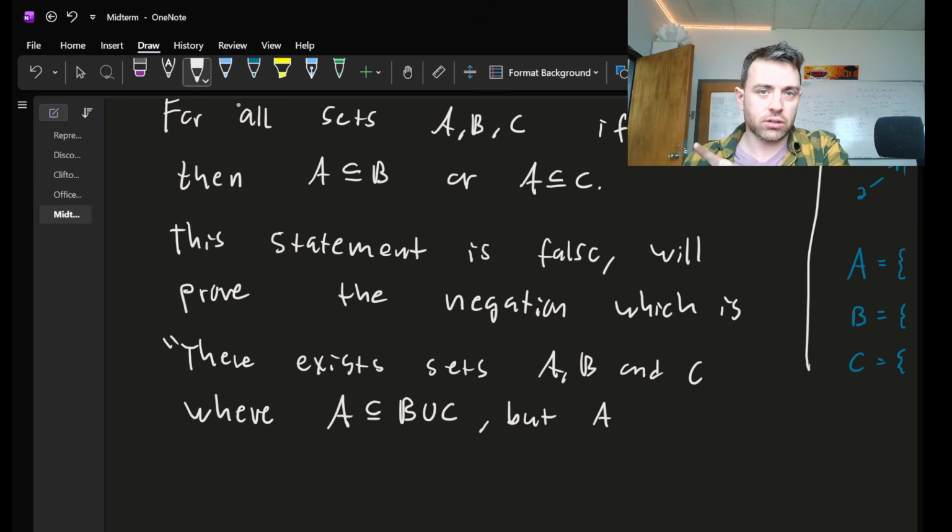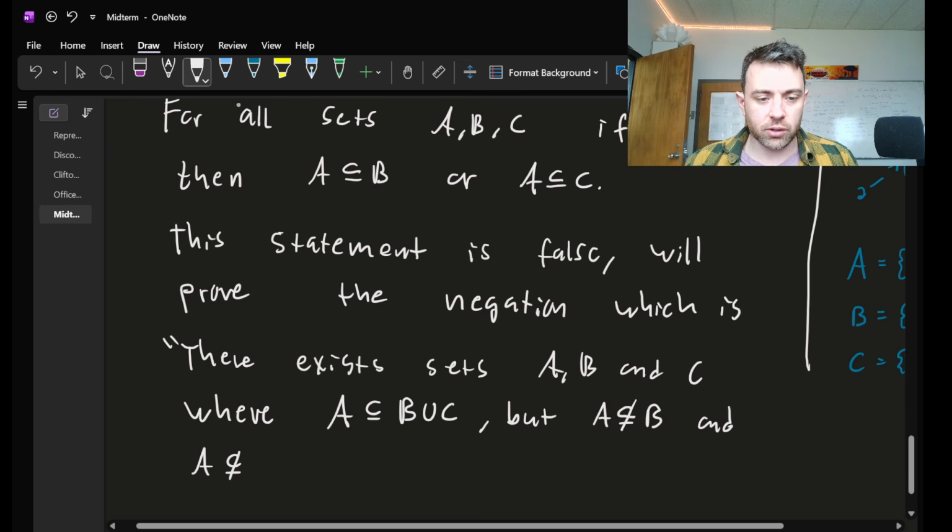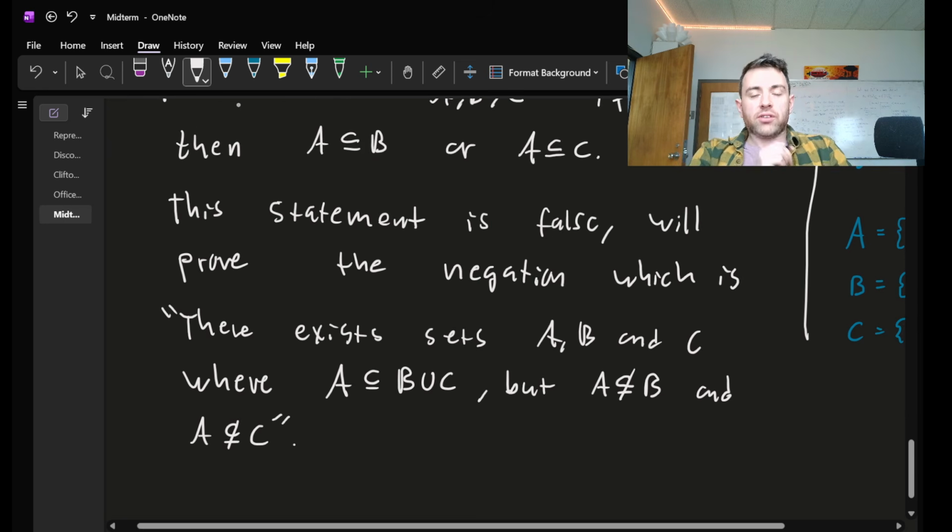So the negation, when it distributes over an or, it becomes an and, but A is not a subset of B, and A is not a subset of C, right? So that's a statement that we want to prove, right?